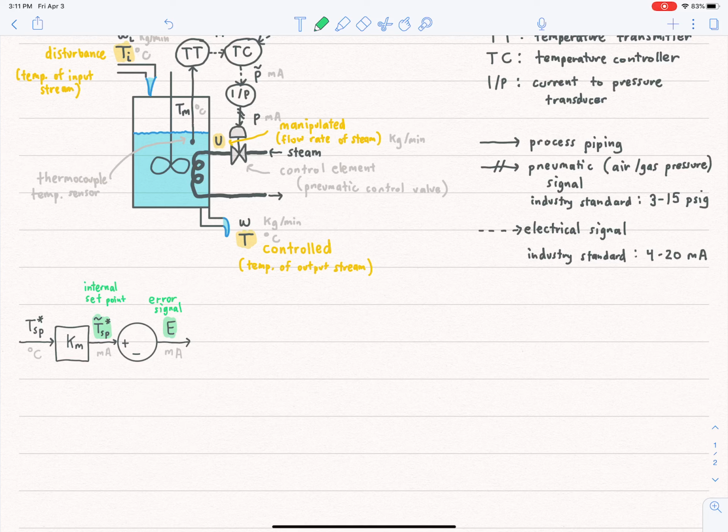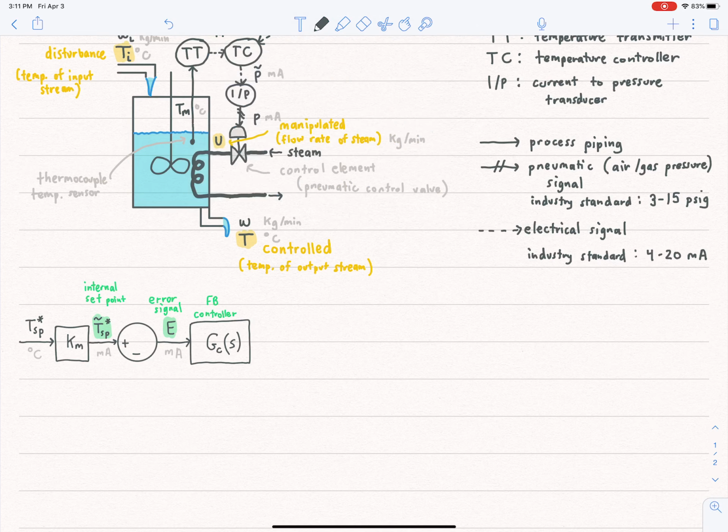It's in milliamps and not in the actual units of the controlled variable. So then this error signal is fed to your feedback controller. And the control law is represented by a transfer function GC of S. So this is our feedback controller, okay? I'll call this FB for feedback controller, and that's your control law GC of S.